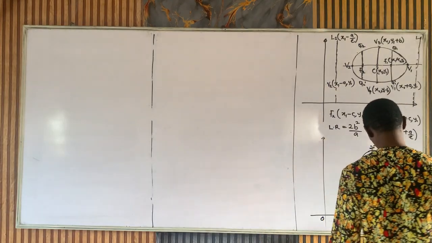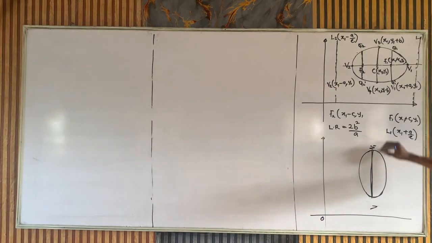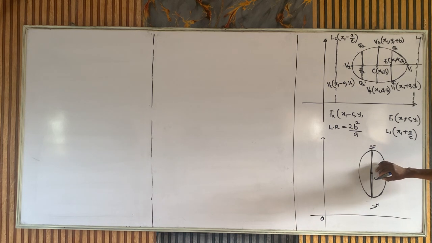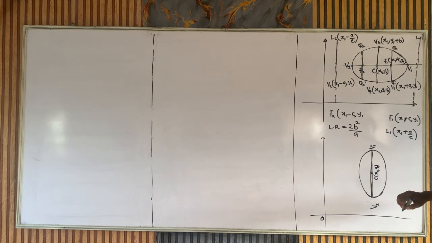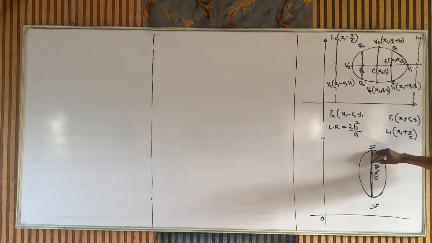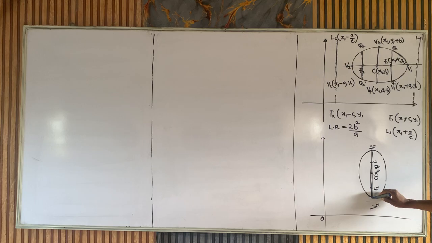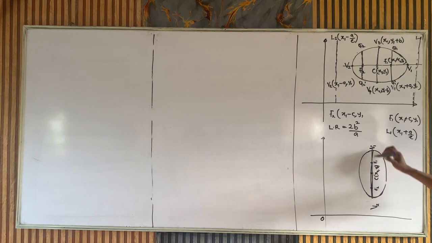So this is my V1, this is my V2, and then this is the center. The center always is x1, y1, and then we have our F1 here and F2 here. Now, mind you, in this case, the distance from here to this vertex is the same as the distance from here to this vertex, and that's still your a, just like we have it here.